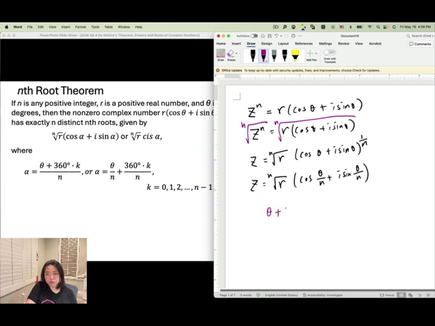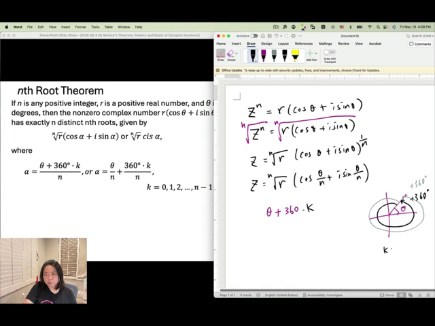When I add 360 degrees, I get the coterminal angle. I could add one more 360 and also get the coterminal angles again. That's why it is multiplied by k here.